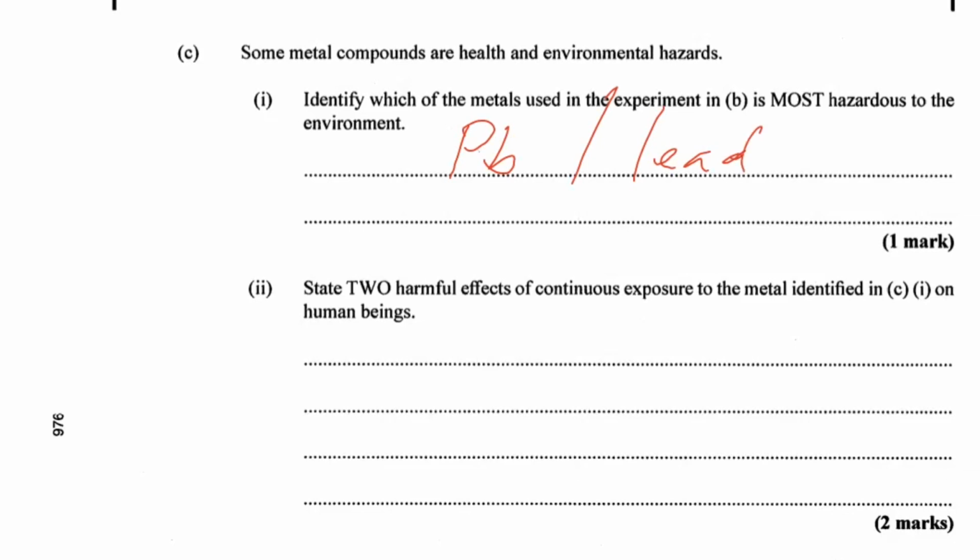And they want us to state 2 harmful effects of continuous exposure to the metal identified in C1 on human beings. Ever since primary school, we've been hearing about the danger of lead pencil, the danger of lead being in paints.